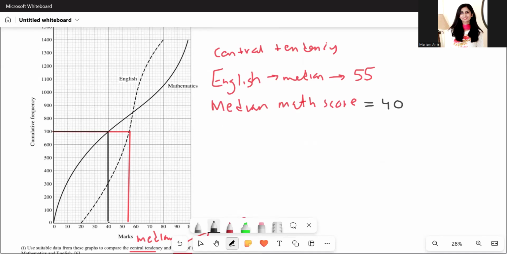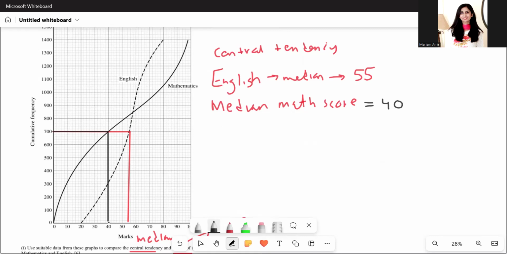So on average, students perform better in English as compared to math, as shown by a higher median English score. You need to make a concluding statement: we can see that the median for English is greater, showing that on average students performed better in English.